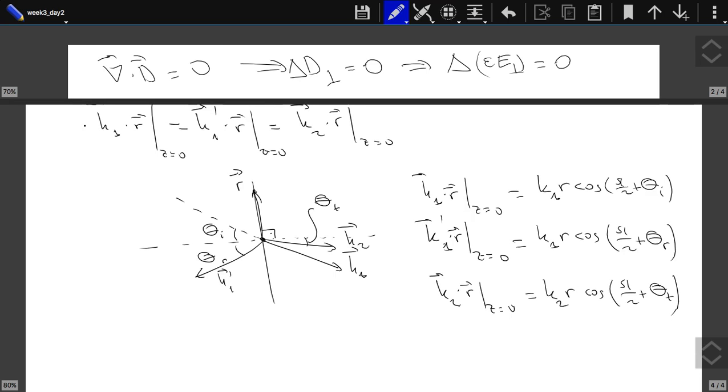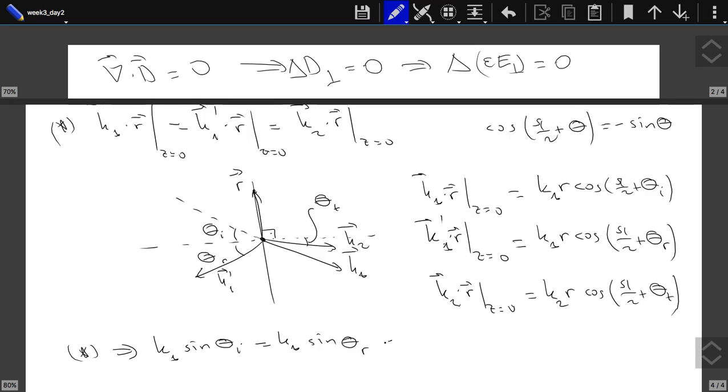So basically, that condition over there now means that K1 times, well, cosine of pi over 2 plus theta for a general angle is nothing but minus sine theta. So K1 times sine theta I should be equal to K1 times sine theta R, should be equal to K2 times sine theta T.